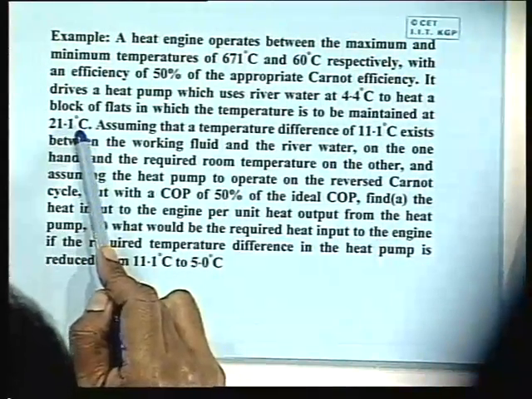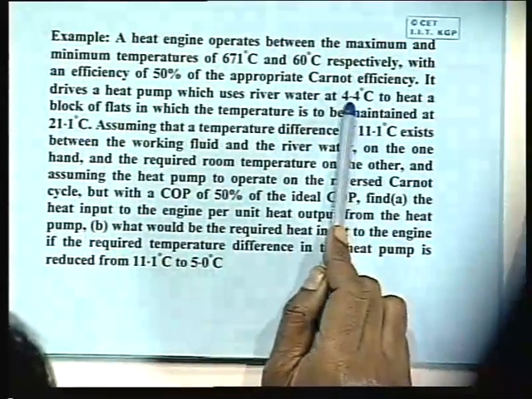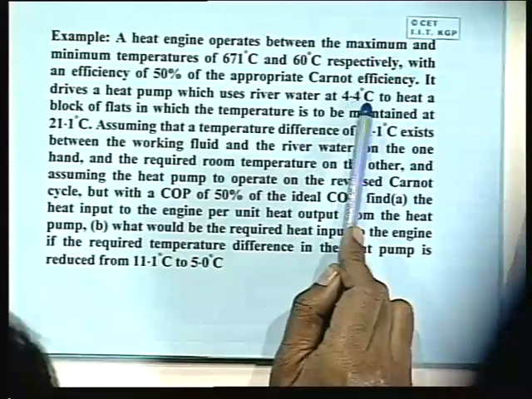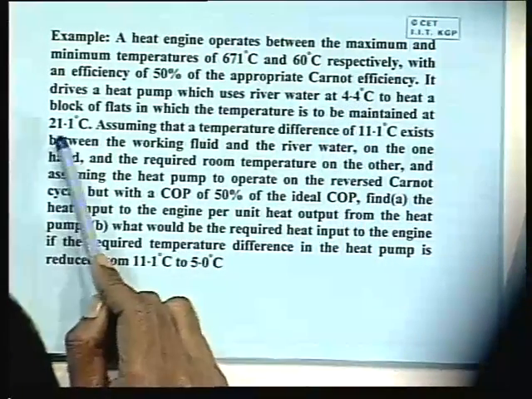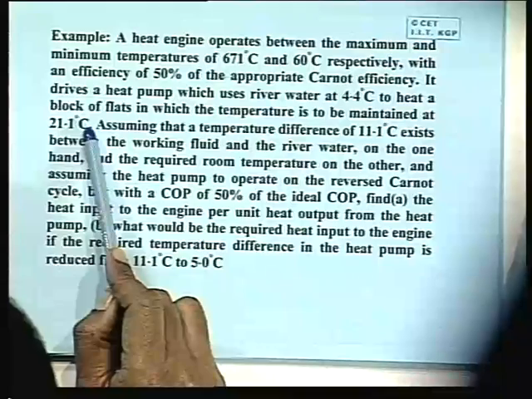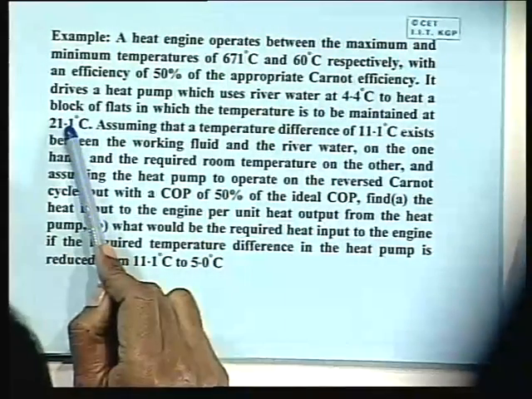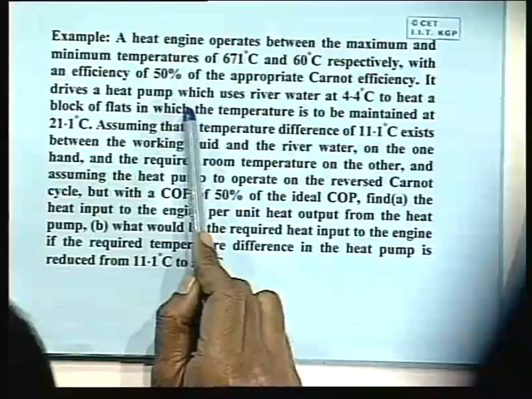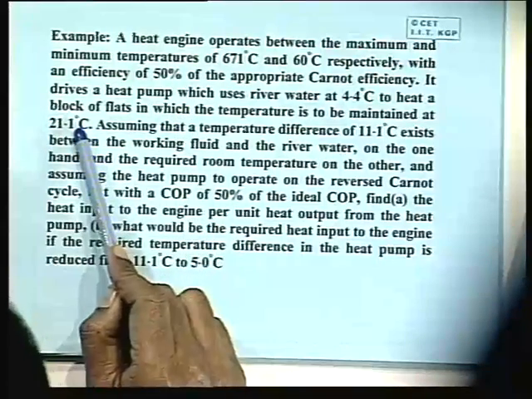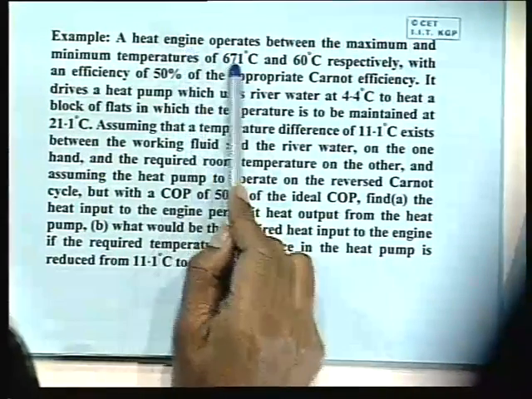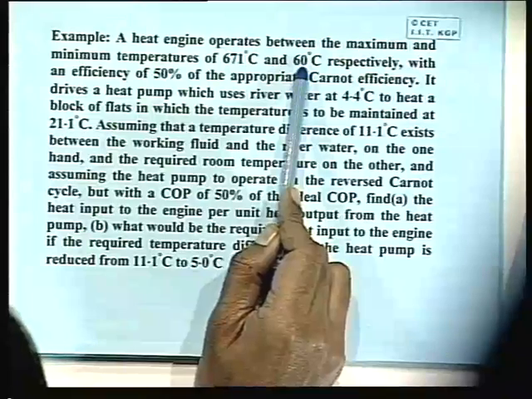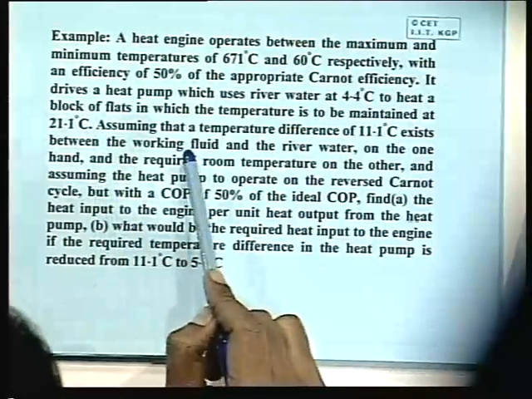That means for the heat pump, the two thermal reservoirs are 4.4 degrees Celsius where from heat is being taken and 21.1 degrees Celsius where the heat is being delivered. So from low to high temperature, this is because the heat pump takes work from surroundings, that is in this problem from this heat engine which is working between these two temperatures. This is the definition of the problem.